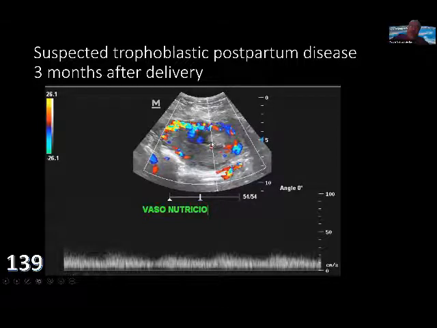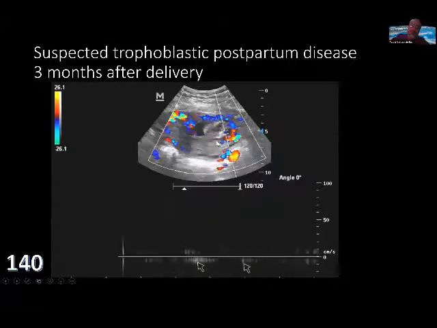And that's a tumor with 2 nutritional blood vessels. One is attached to the posterior endometrial wall. This one is anterior, that's posterior. The other one is attached to the anterior and lateral wall.